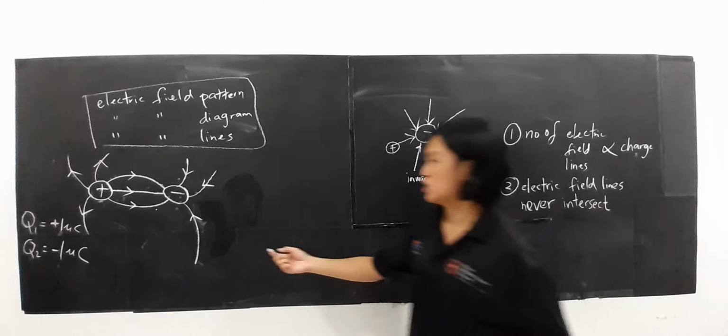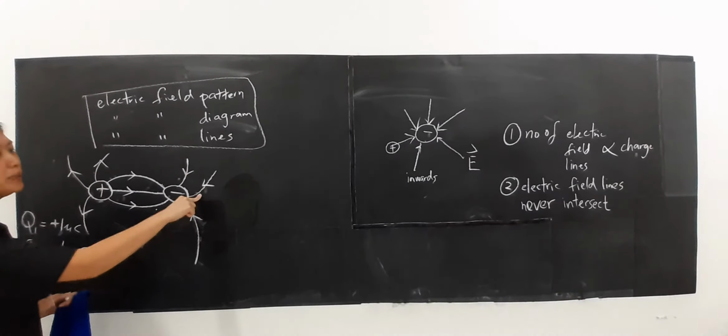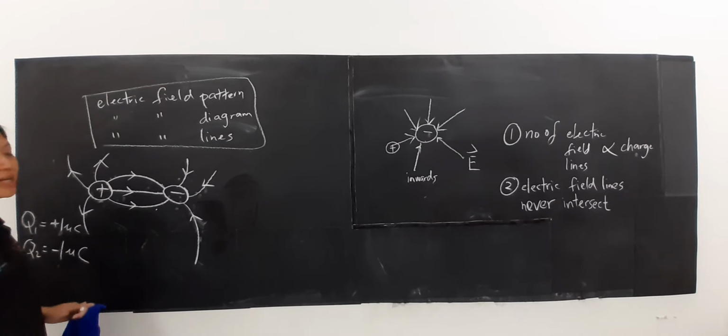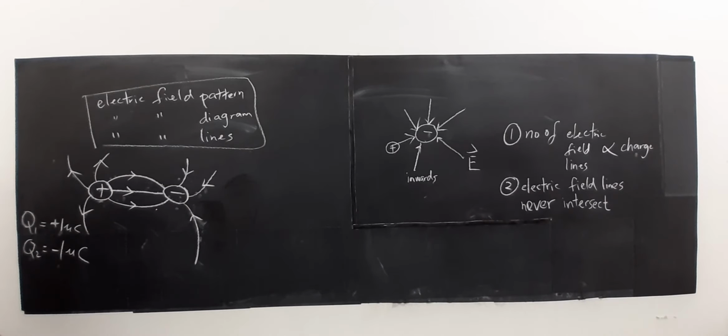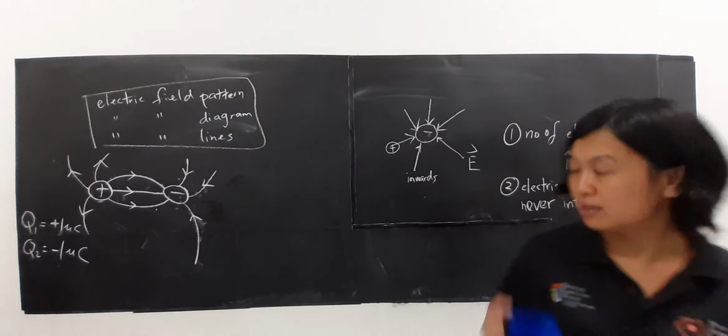It means, for example, this line and this line never meet. Don't draw them meeting. Alright, so that's how we draw this. This is a simple question, but how about when you are given this?